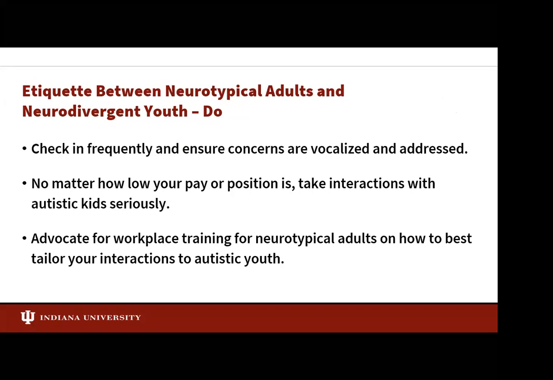And, again, this is controversial, I acknowledge, but no matter how low your pay or your position is, take these interactions with neurodivergent or autistic youth seriously. These kids may require a lot of different ways that adults interact with them, but it's very important that they have the support they need in their environment, for learning or interacting safely and securely.